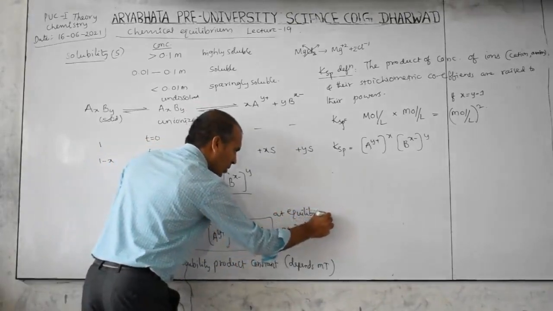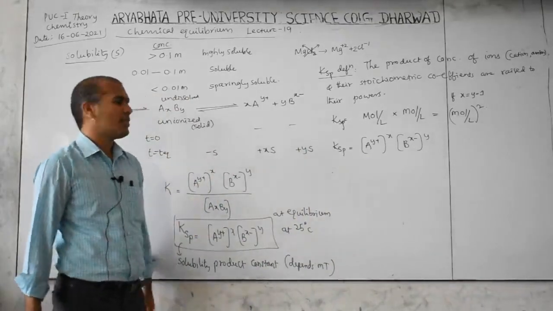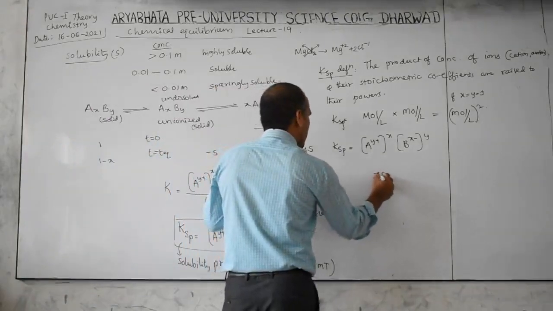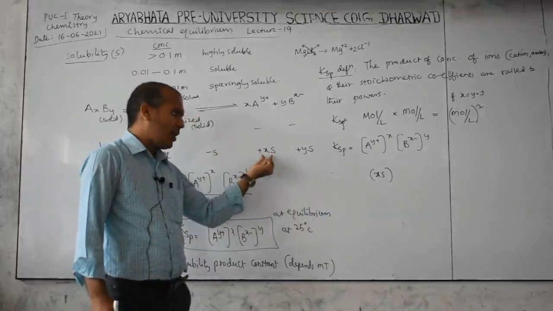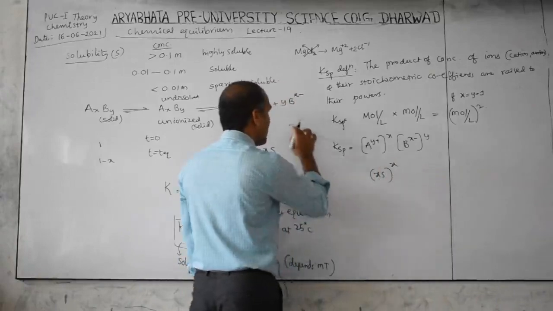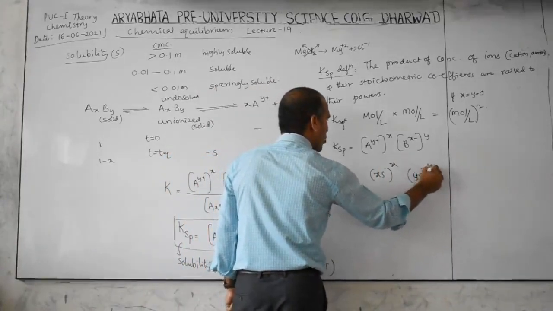So only the equilibrium concentration values we have to put in this expression. Don't forget this statement. Here the concentration of x at equilibrium is x moles of S, raised to the power x. The concentration of y is y moles of S, raised to the power y.